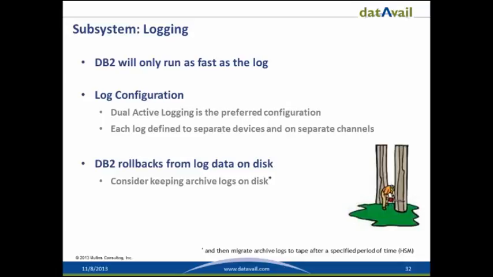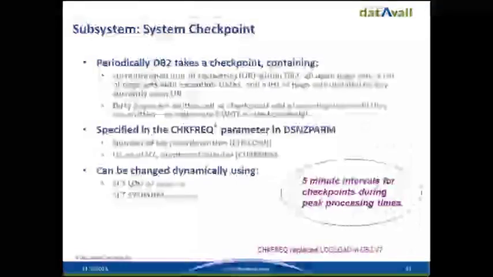So you can consider archiving your logs to disk, at least for the beginning, and then over time use HSM to migrate the logs to tape. That way your archive logs will be on disk for a period of time such that anything that's active that might need to access the data in the archive wouldn't have to be slowed down by waiting for tape access.